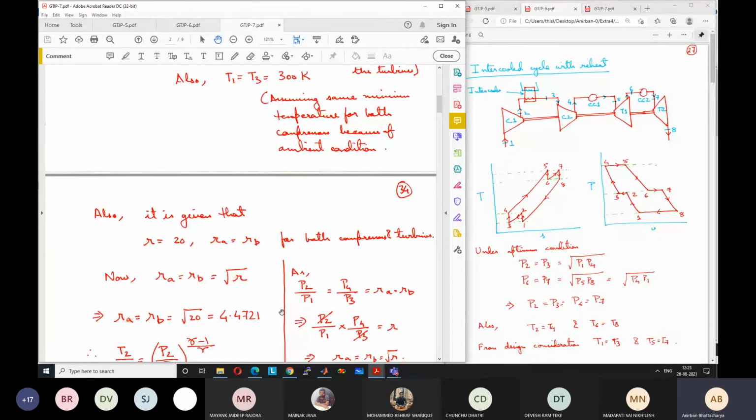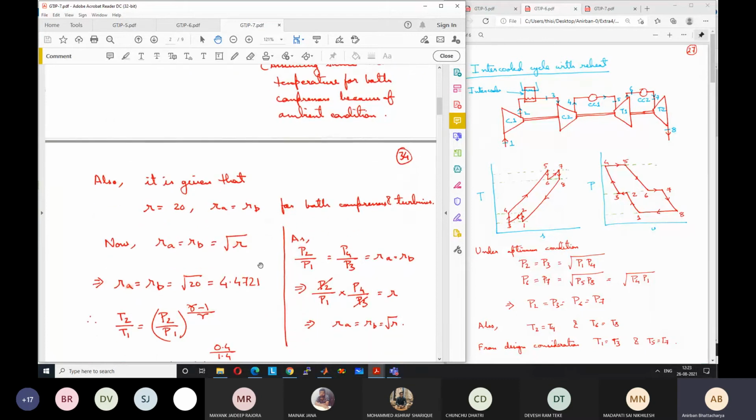So RA equals RB, and RA into RB is equal to R, so RA is equal to RB is equal to root R. Individual pressure ratios are root 20, which is 4.4721.